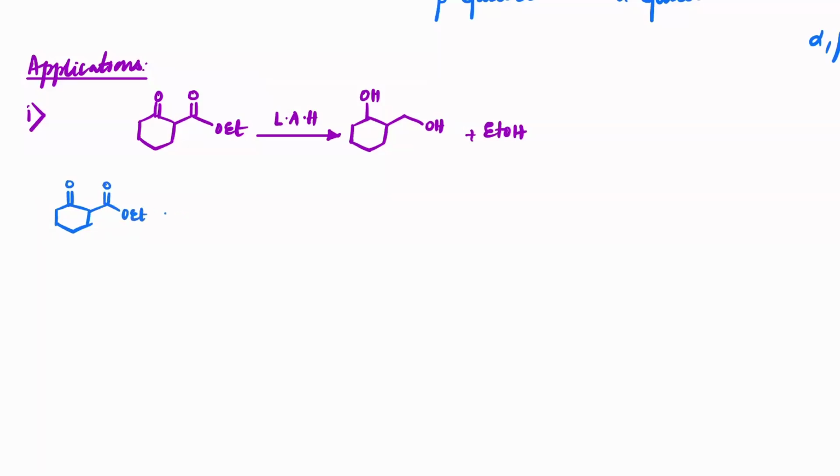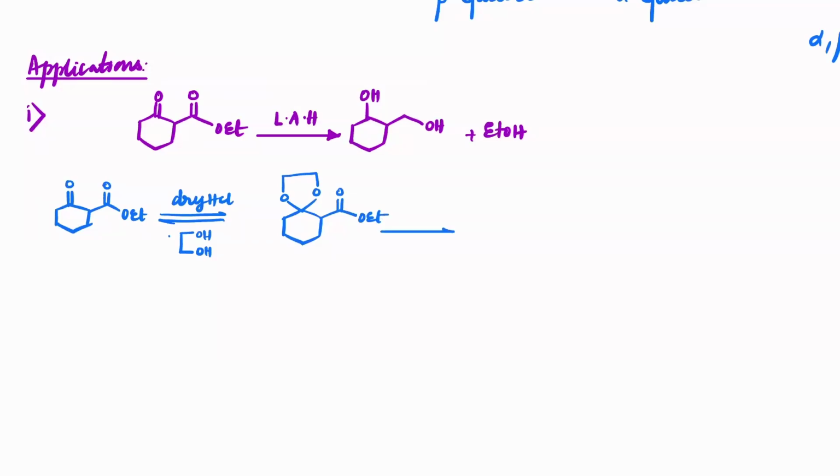React this with dry HCl and glycol. And glycol immediately makes an acetal form here, this way. And the ester would still remain the same, no disturbance on the ester part.